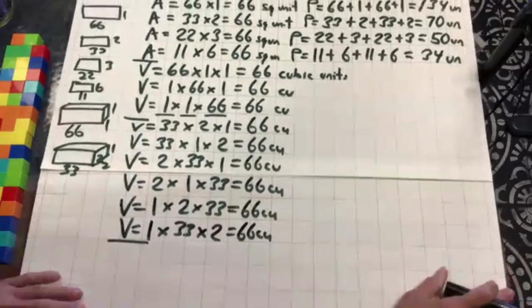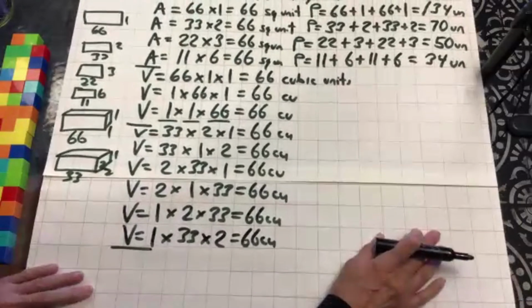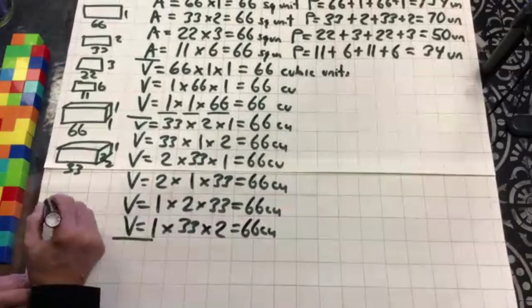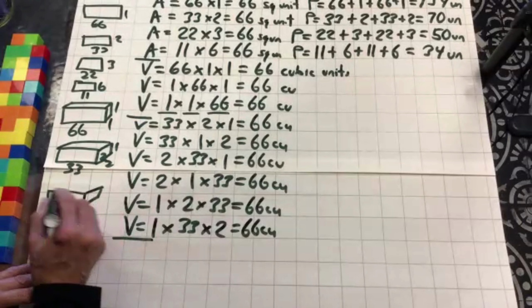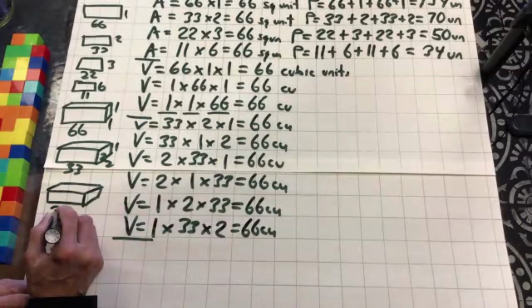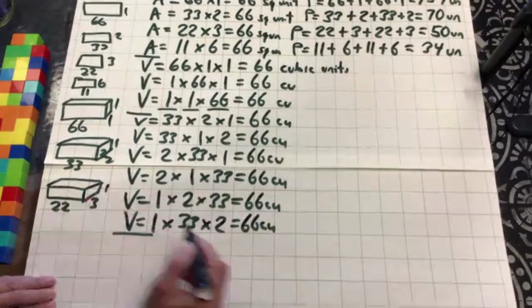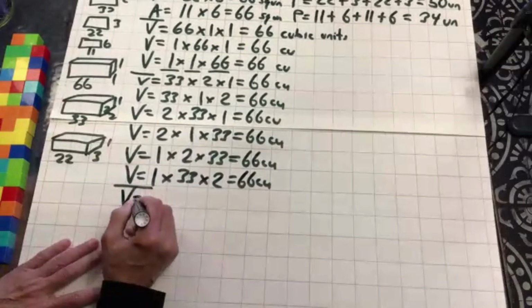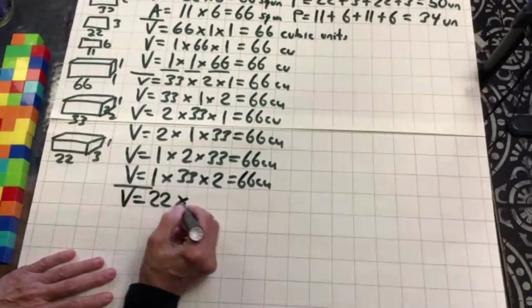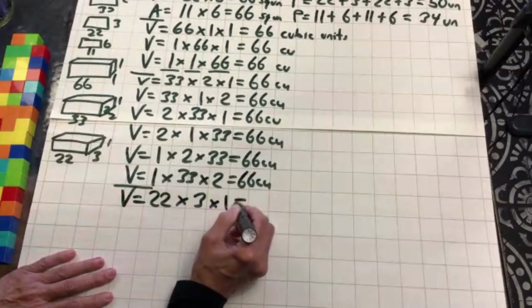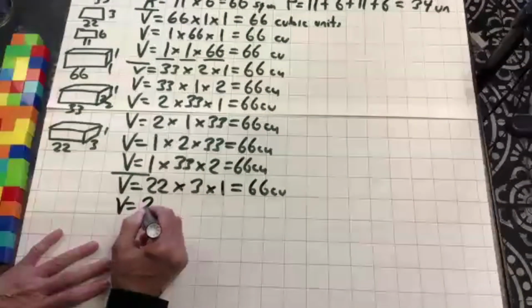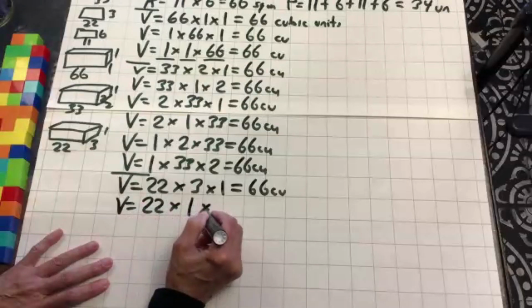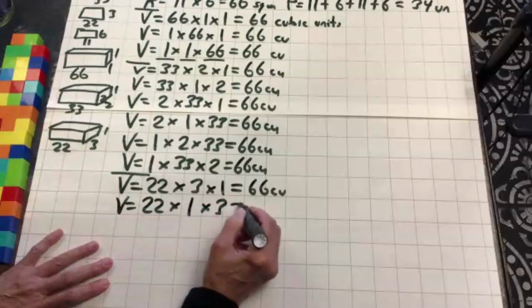Using those numbers. And the next one would have been a 3 by 22. So 22 by 3 by 1. So we're going to start off with that one. 22 by 3 by 1. Or we have a 22 by 1 by 3, just changing up those last two.